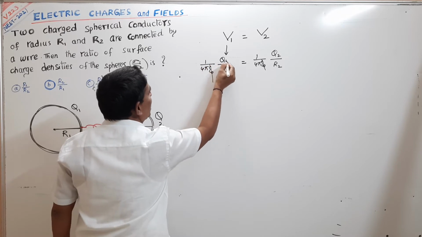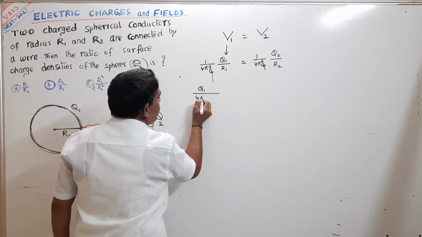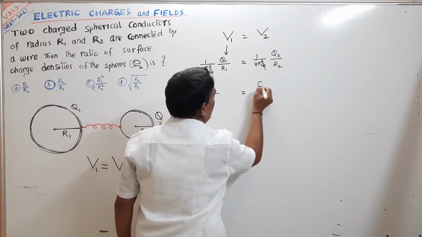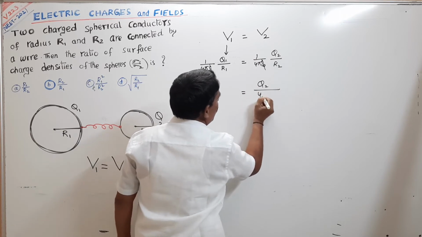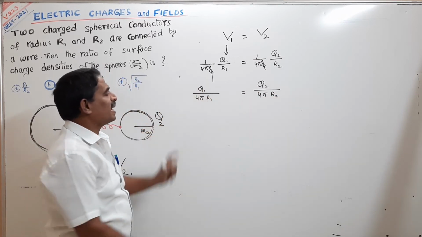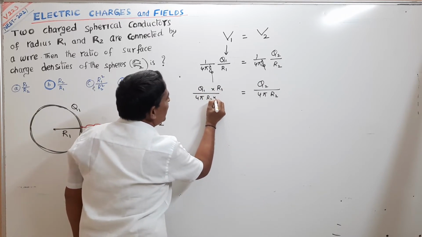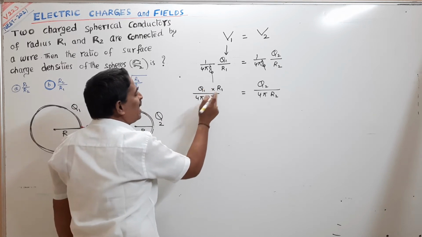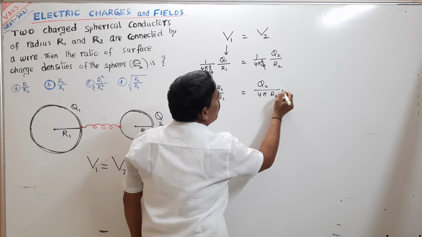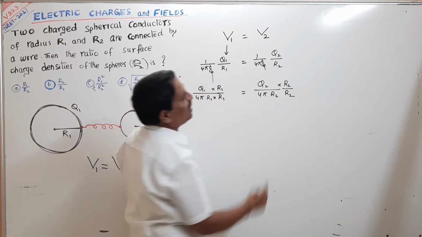Now please listen. Q1 by 4 pi R1 is equal to Q2 by 4 pi R2. On the first side, the numerator and denominator are multiplied with R1. On the second side, the numerator and denominator are multiplied with R2.